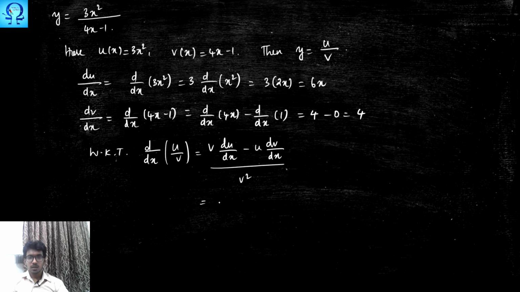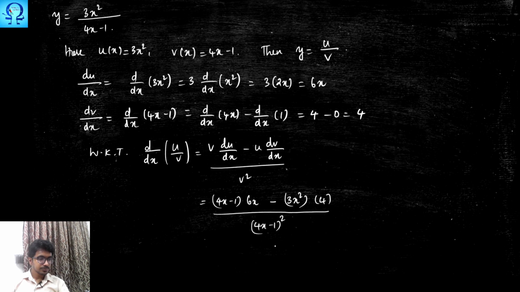So what is v? v is 4x minus 1. And what is du upon dx? That is 6x. What is u? It is 3x squared. And what is dv upon dx? It is 4. And what is v? Sorry, it is 4x minus 1 whole square in the denominator.